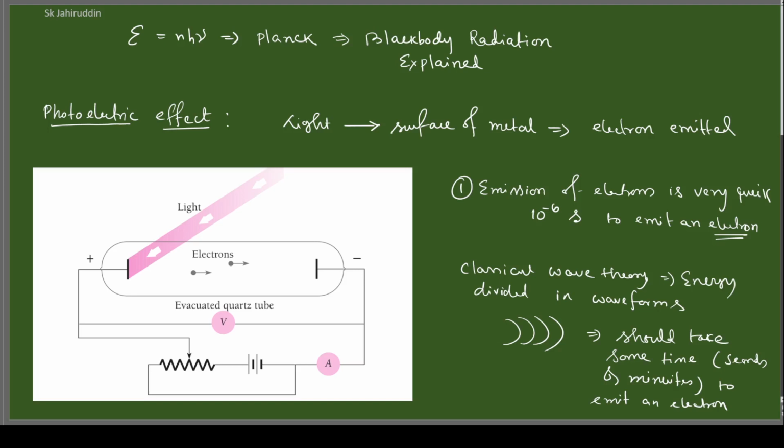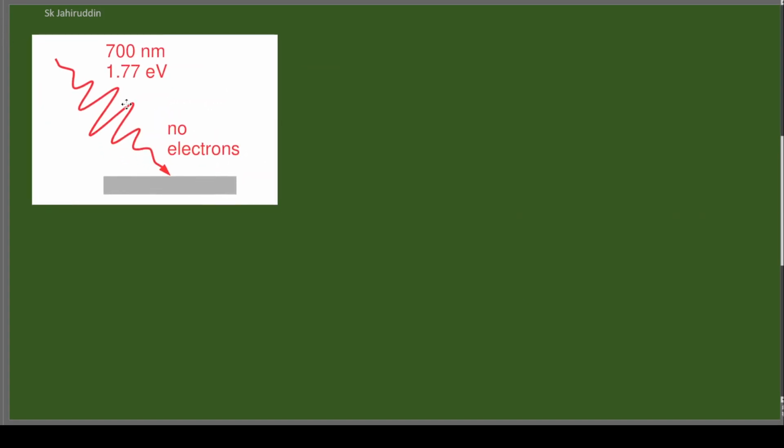Another interesting phenomenon is that the emission of electrons depends on the wavelength. Suppose you give red light to some metal, you can see that no electrons are emitted.